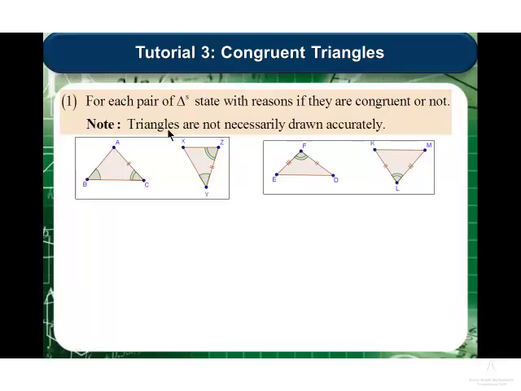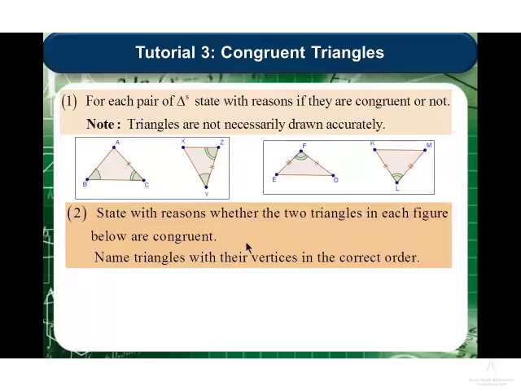Just note that triangles are not necessarily drawn accurately to scale in this particular tutorial. In the second tutorial problem, you have to state with reasons whether the two triangles in each figure below are congruent. You have to name the triangles in each case with their vertices in the correct order.